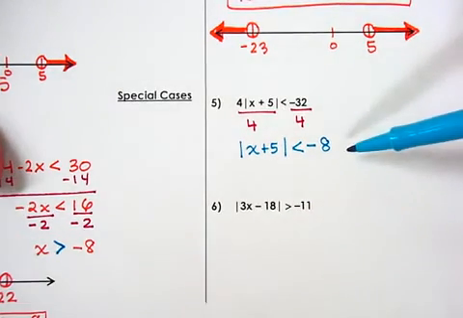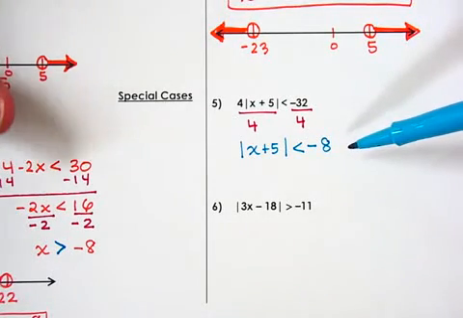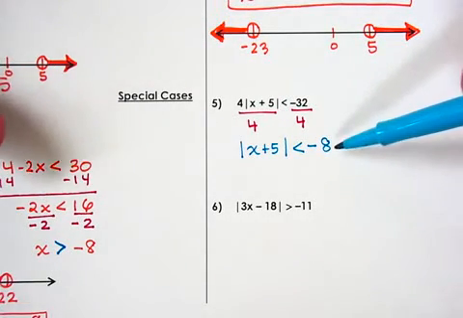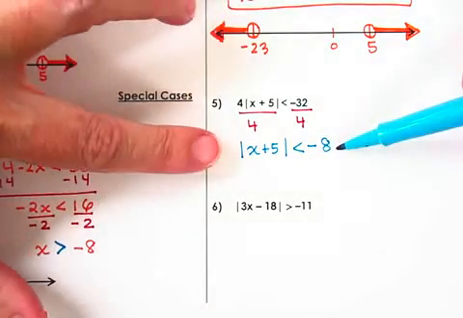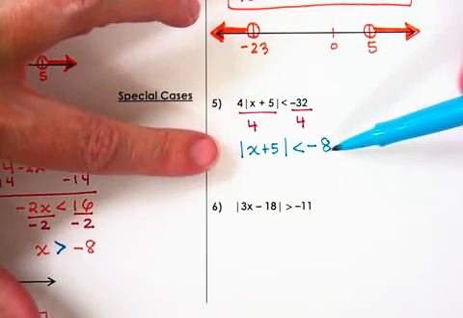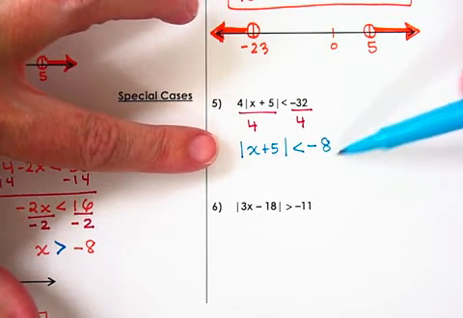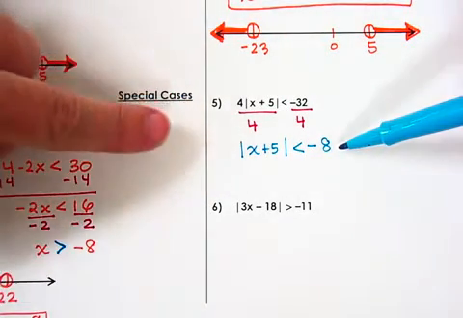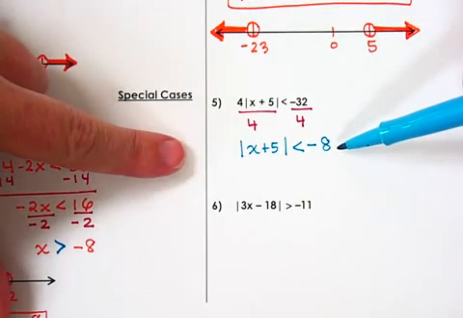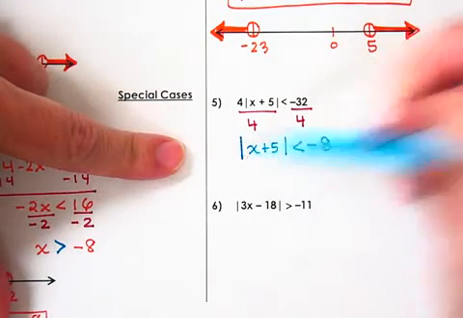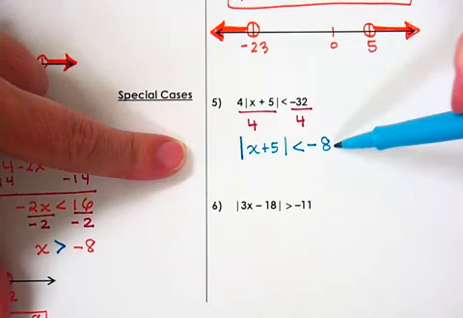So this time, remember when we solved absolute value equations, an absolute value could not equal a negative number. So at this point when we had equals and a negative, we said that the answer was no solution. But this is a little bit different because I'm saying, okay, the absolute value has to be less than negative 8.